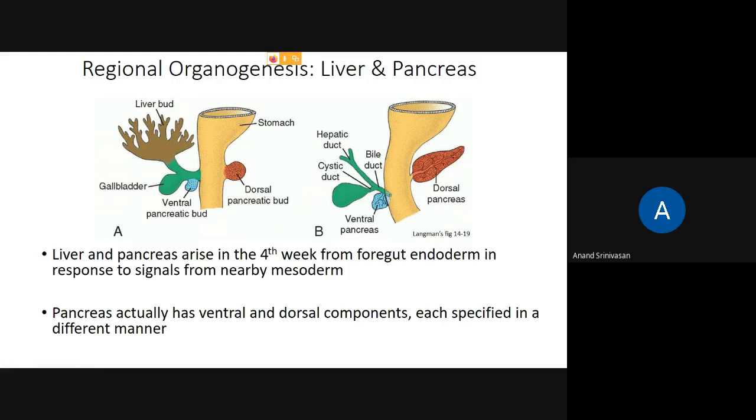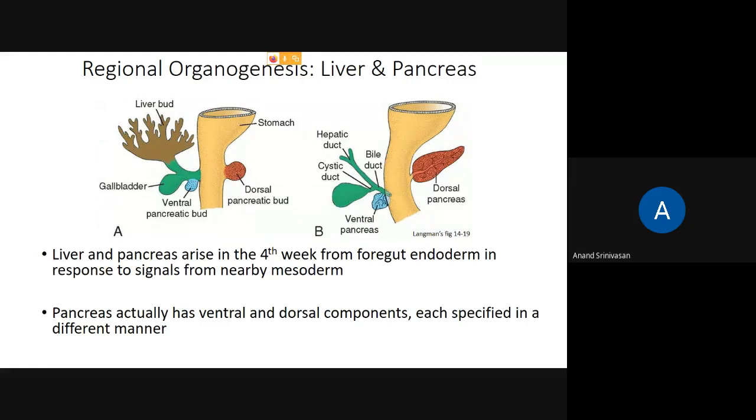Now, what happens after the stomach? After the stomach there is the duodenum. What are the changes which take place in the duodenum? You know that the liver gland develops from the septum transversum, but the duct of this gland is the common hepatic duct.